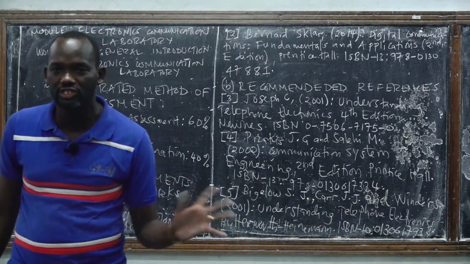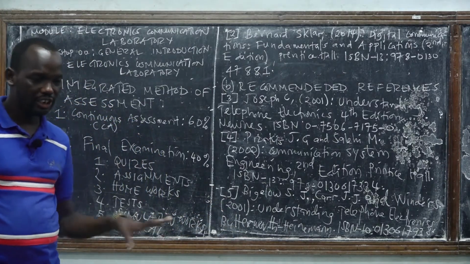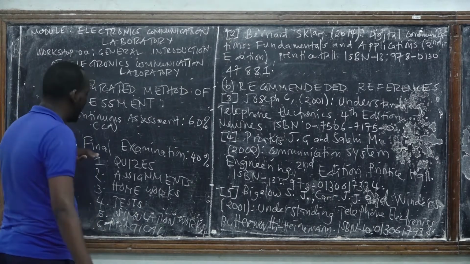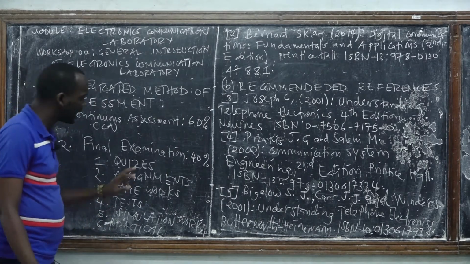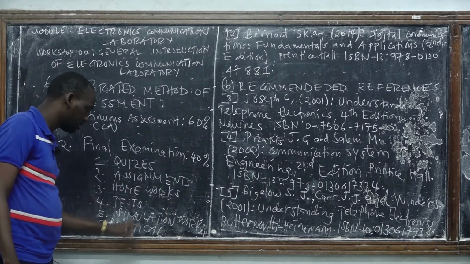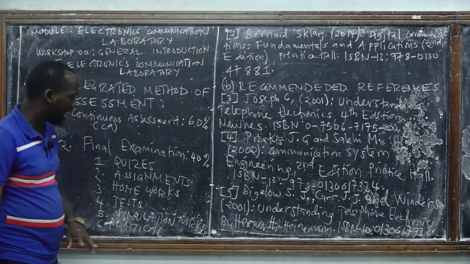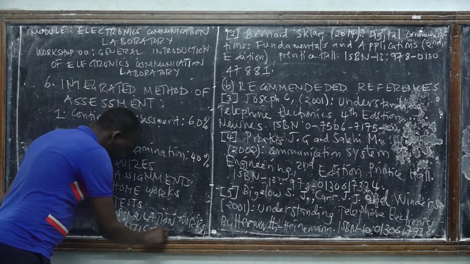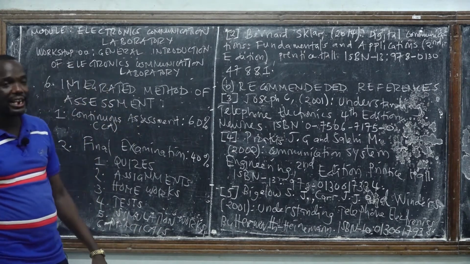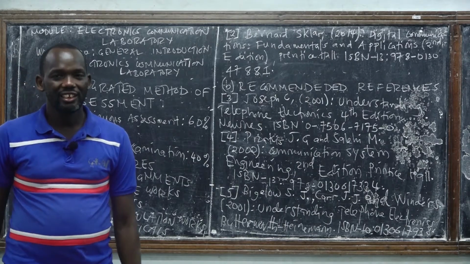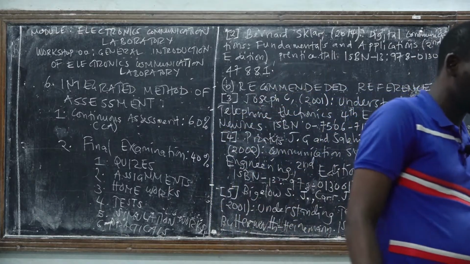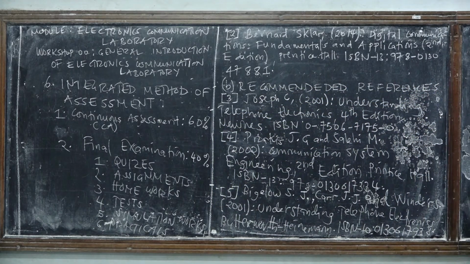The weight of each method that I'm going to use is different. But for the time being, just know that we'll have quizzes, assignments, homeworks, tests, simulation works, and practicals. So whenever we have a number of assessment methods, the probability for you to fail continuous assessment is 0. Why?